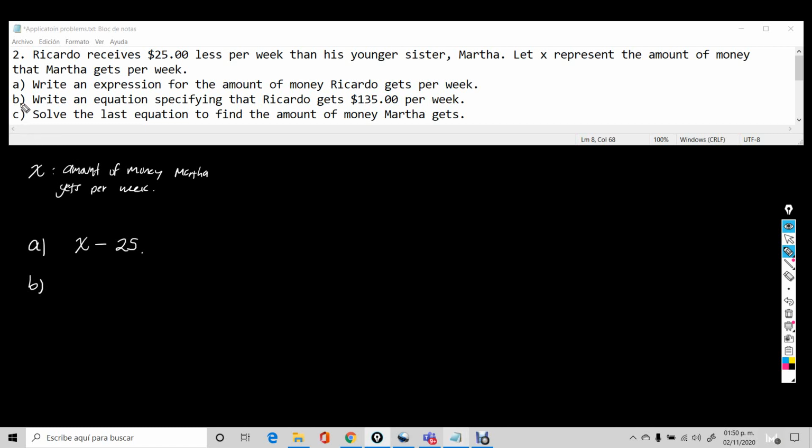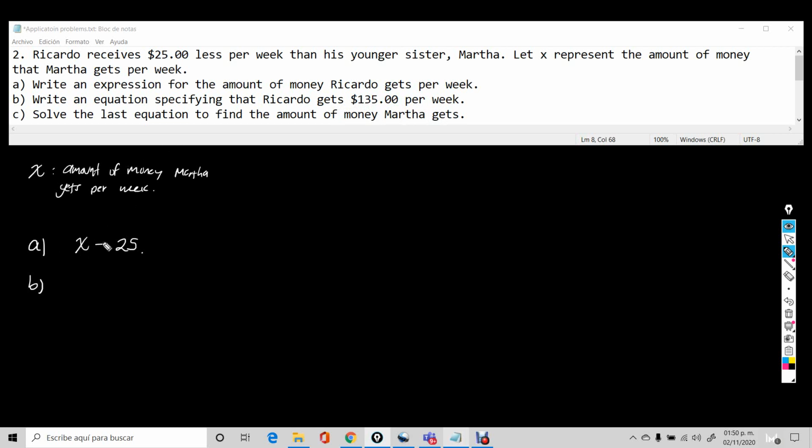Exercise B, well, task B. Write an equation. Remember, there's a difference between an expression, you don't see any equal sign here, and an equation, which requires an equal sign. So write an equation specifying that Ricardo gets $135 per week. So we know how much money Ricardo gets per week.